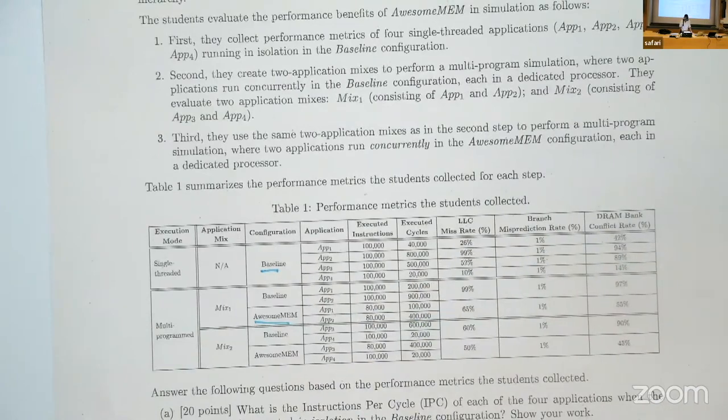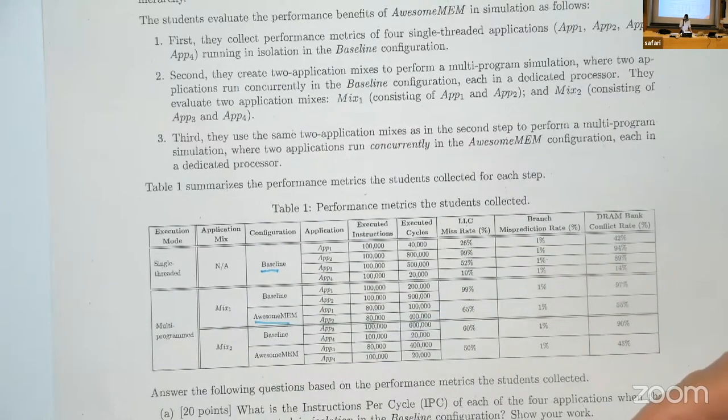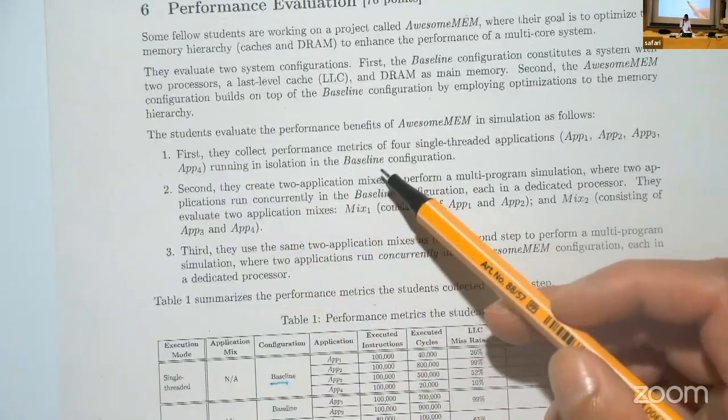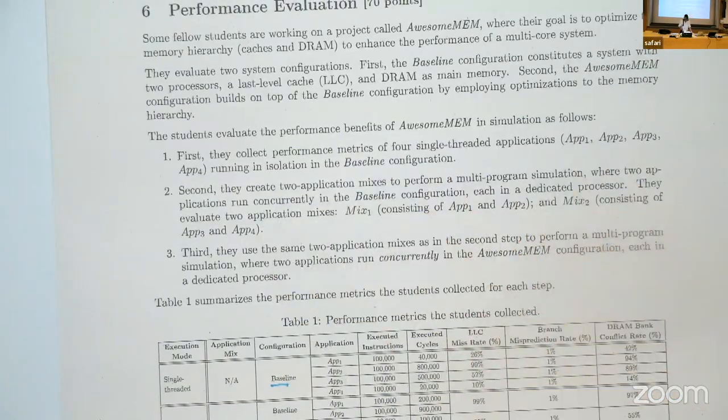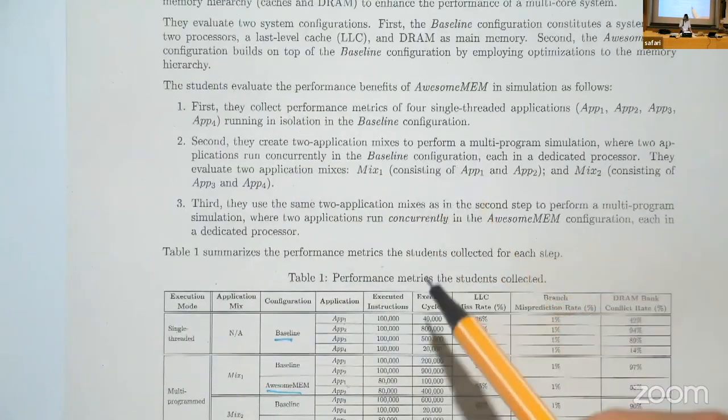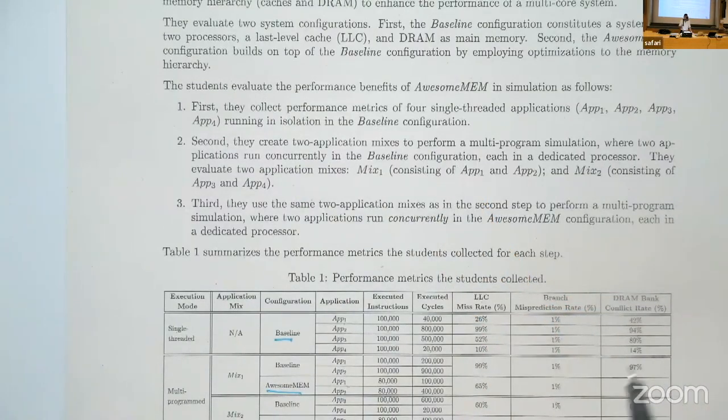To evaluate these two architectures, you run some tests, described here in 1, 2, 3. First, you collect some performance metrics for single-thread applications 1 to 4. They run in isolation in the baseline, each one by itself in a core.